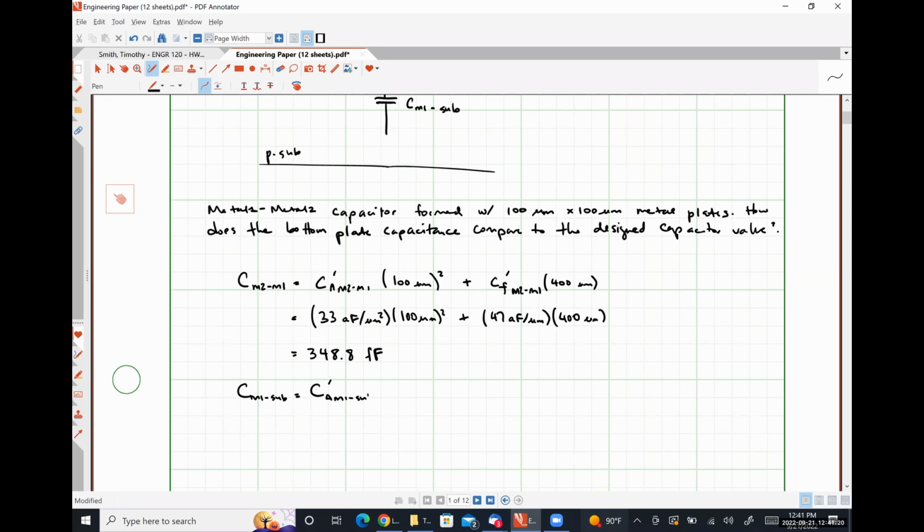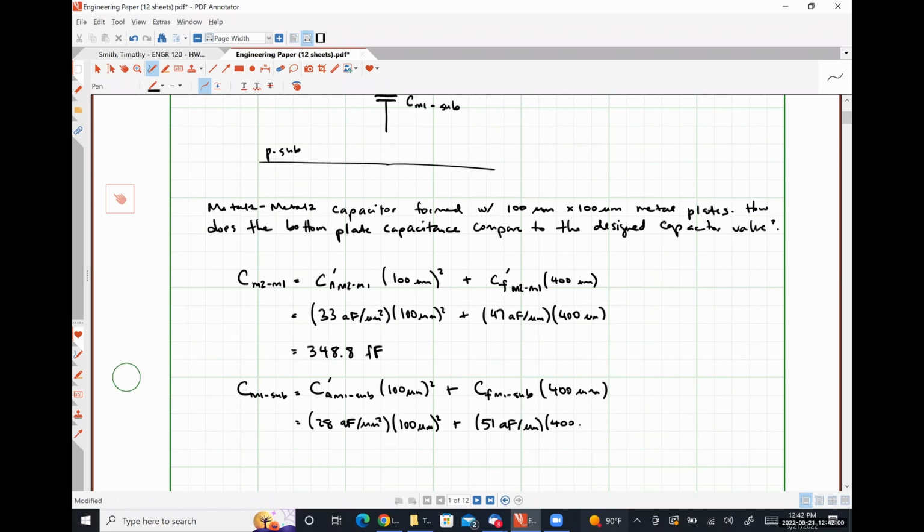So this is going to be metal 1 to substrate area capacitance times 100 microns squared plus, sorry, 400 microns. From our table here, we get 28 attofarads per micron squared, and 51 attofarads per micron times 400 microns.